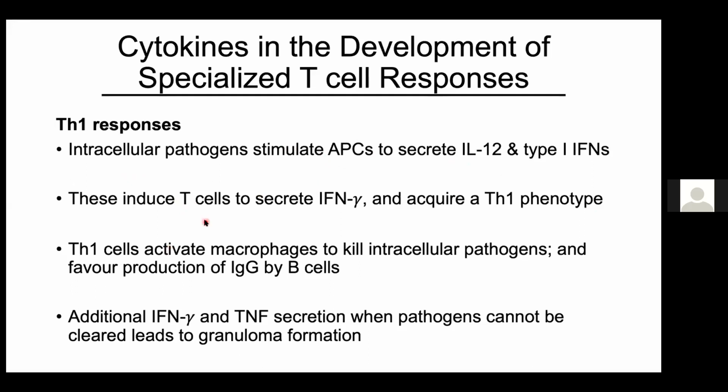Once a T cell is activated, it produces interferon gamma. And so this T cell that produces interferon gamma, we call it a T helper 1 cell. And the interferon gamma now comes and acts on these macrophages to activate them, okay? Just to enhance the killing of these intracellular pathogens, and they also favor production of IgG by B cells, okay? But the main thing is that you have a cellular immune response where you have activation of your T helper 1 cells.